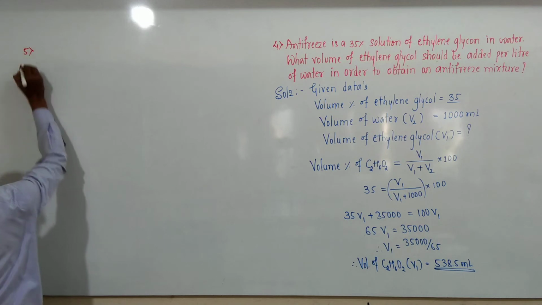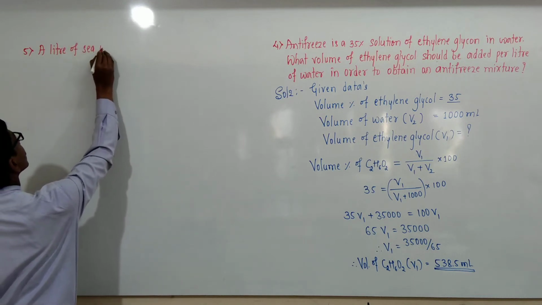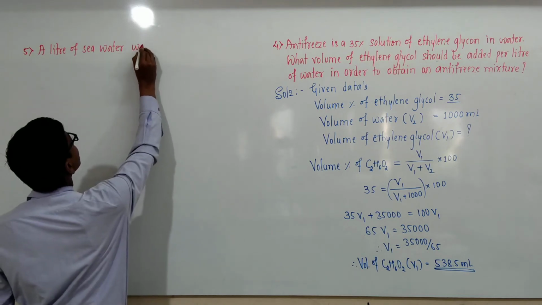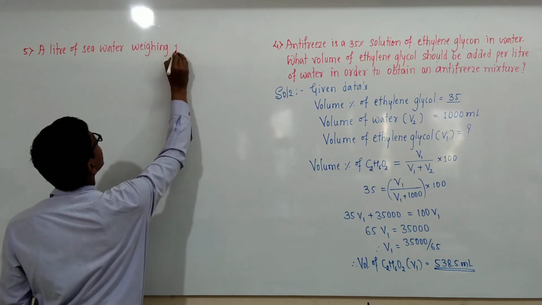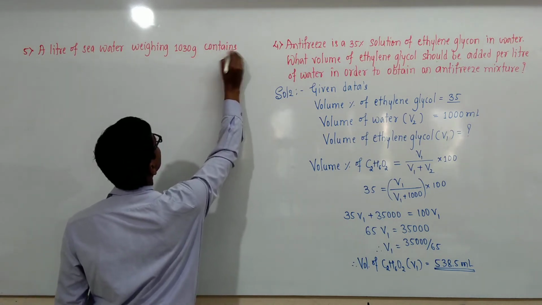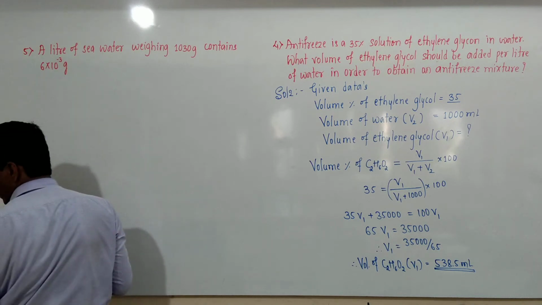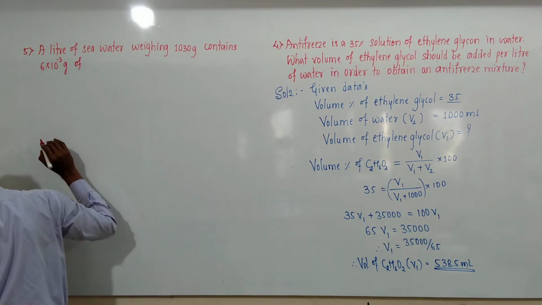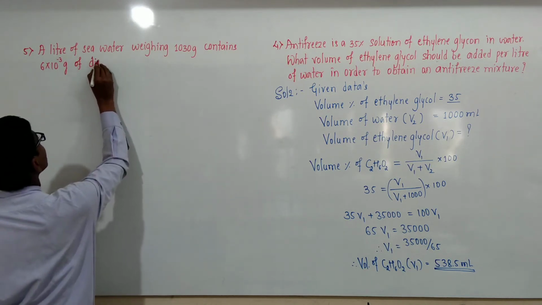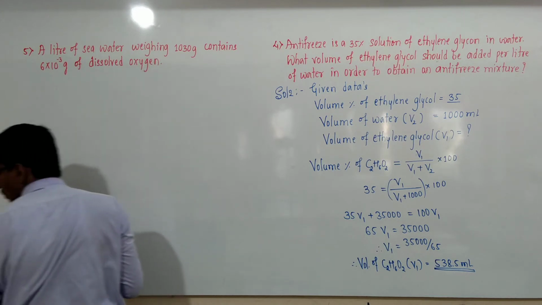Fifth one is: a liter of seawater, weighing 1030 gram, contains 6 into 10 raised to minus 3 gram of dissolved oxygen.